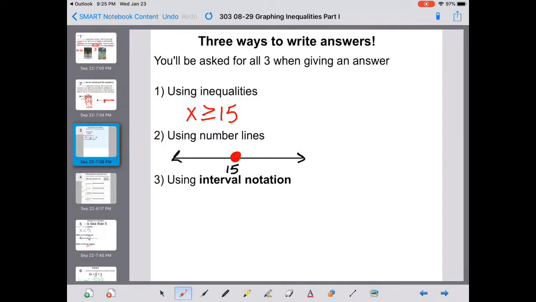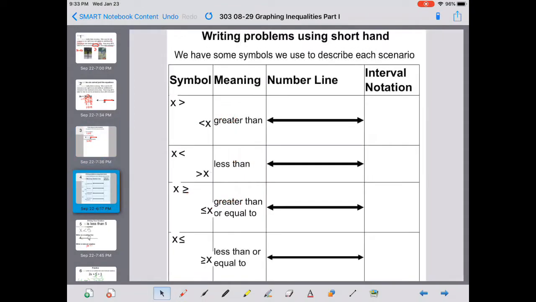And shading to the right of the 15. And then interval notation is going to look like this. We're going to have a bracket, the number 15, comma, infinity, and then a parenthesis around the infinity. And we'll talk more about why we use those symbols.